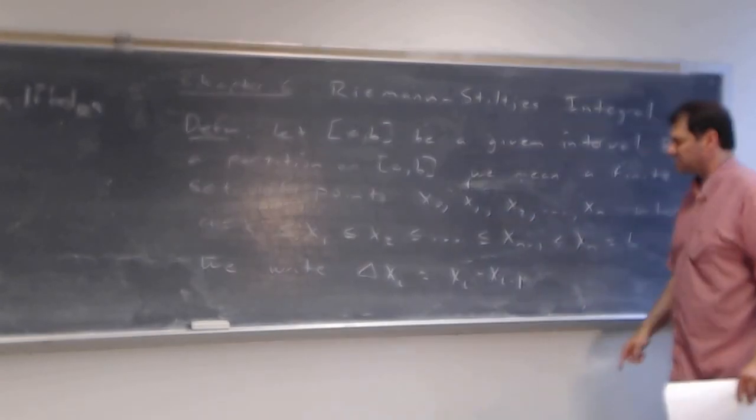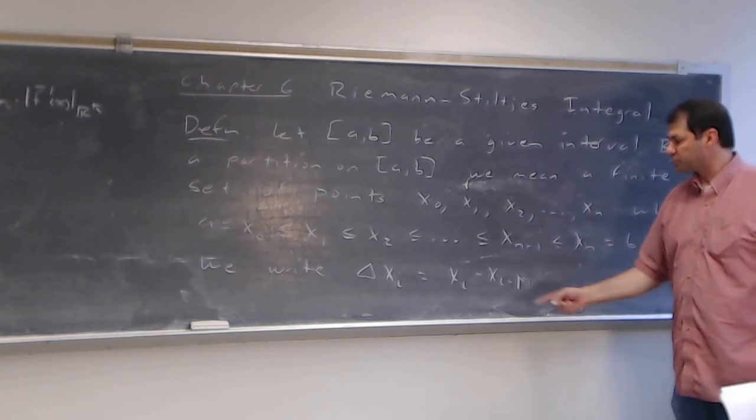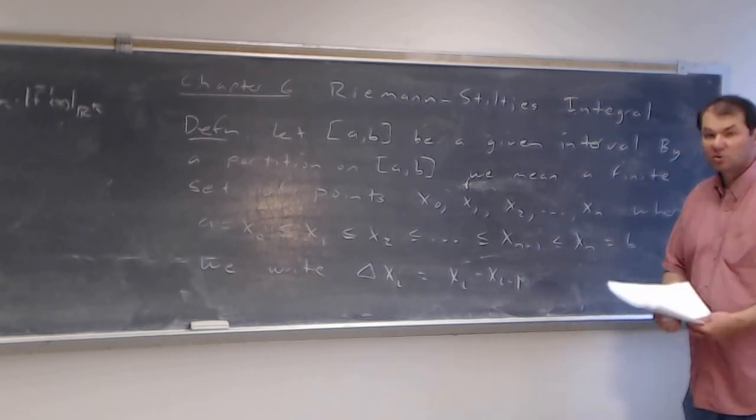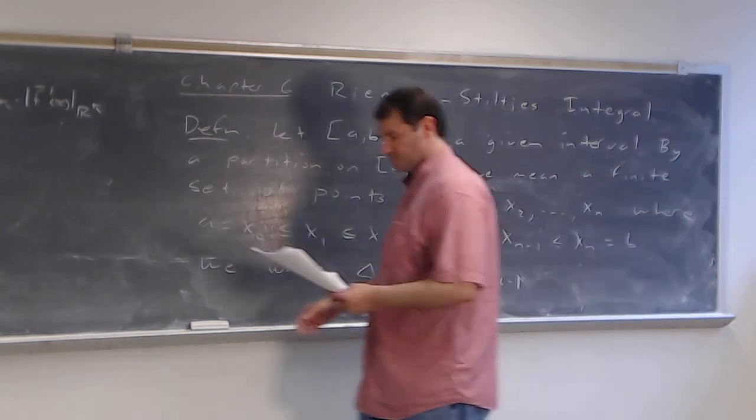The delta x sub i is the difference between consecutive partition points. We'll do an example of this.